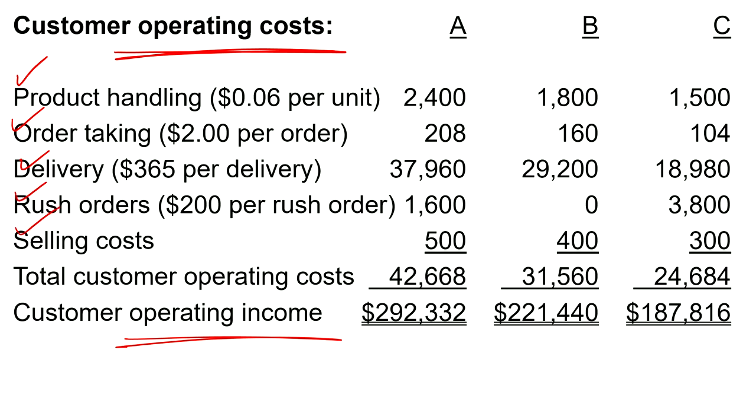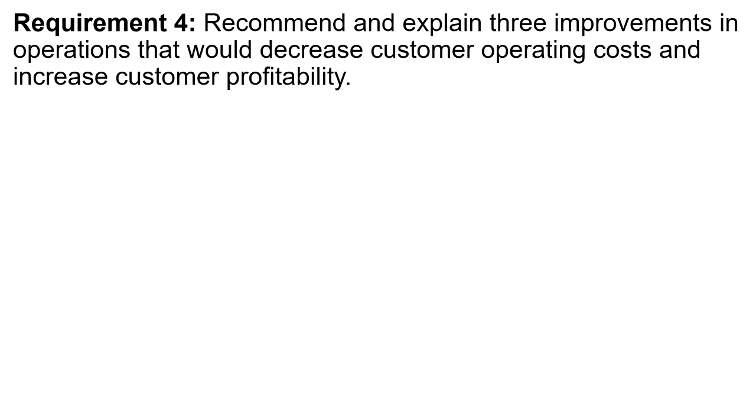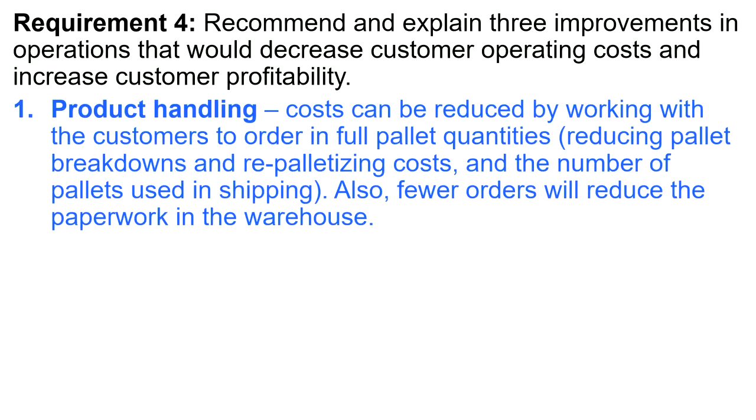So if we can reduce any of these, we're going to increase our customer operating income. And so this slide here, this table of information, is where we get the answer to this question. So going back to our question, 3 improvements in operations that would decrease customer operating costs and increase customer profitability. 1, product handling. Okay?